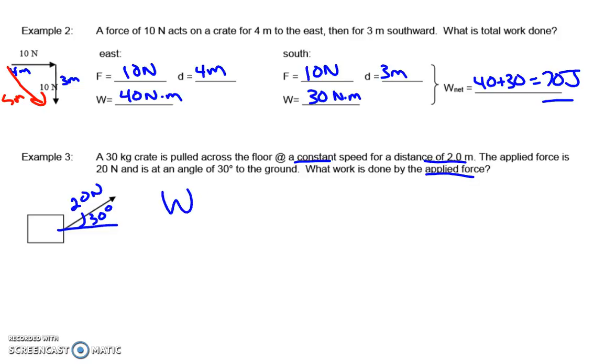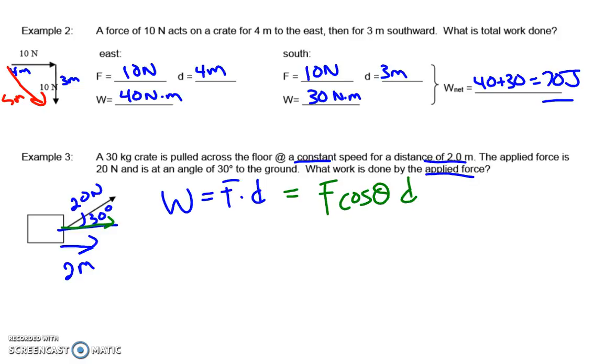So the work done by the applied force, of course, is the force times the distance. However, we can't just do 20 times the 2 meters, because not all the 20 is in the same direction as the 2 meters. It shouldn't be hard to figure out that we need the component of the force that is horizontal. If I draw this in green, I want this component, which is nothing more than F times the cosine of the angle, times the particular distance.